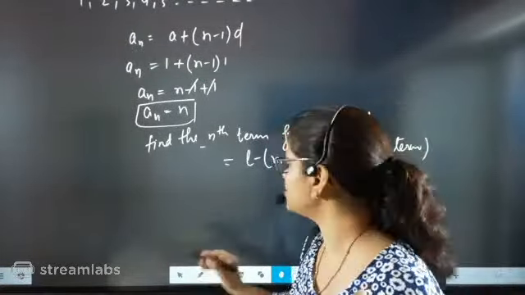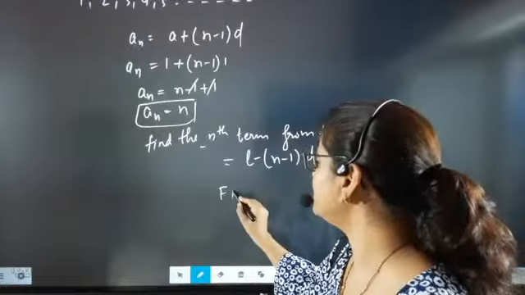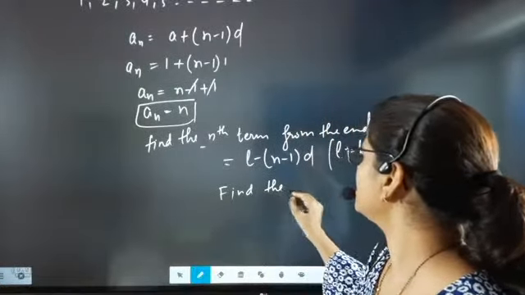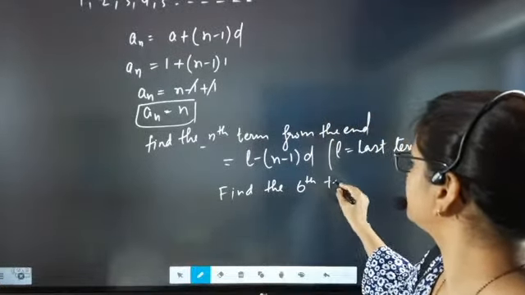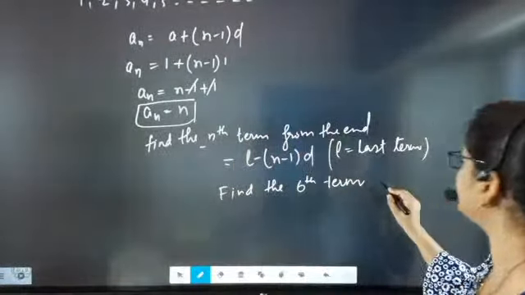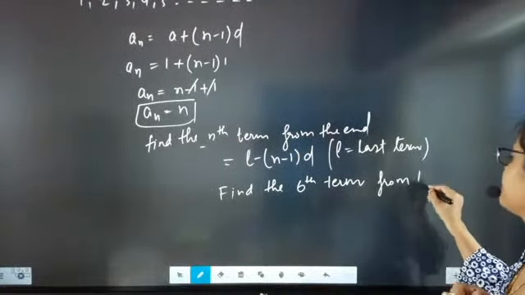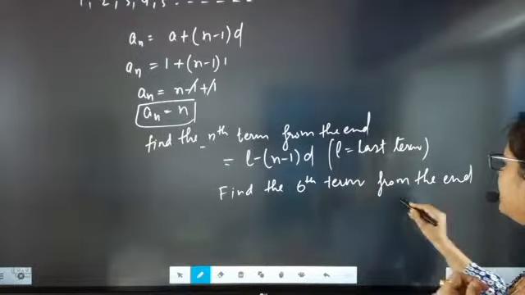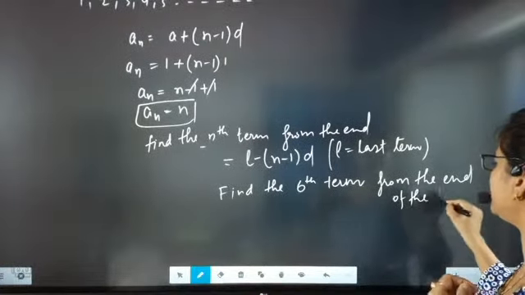So let's see one question, beta. Question is: find the sixth term from the end of the AP.